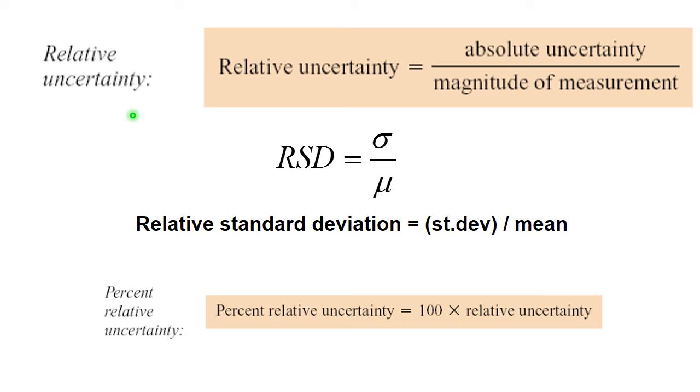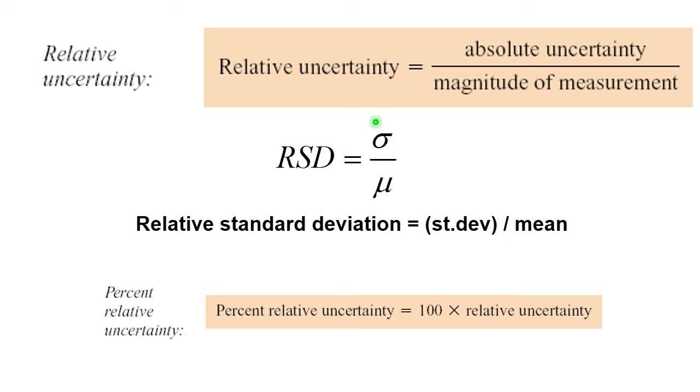Another important unit is relative uncertainty. Relative uncertainty is absolute uncertainty divided by the magnitude of the measurement. Sometimes, instead of saying relative uncertainty, we say fractional uncertainty. Another common way to say exactly the same thing is relative standard deviation.